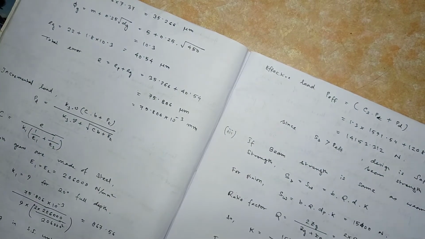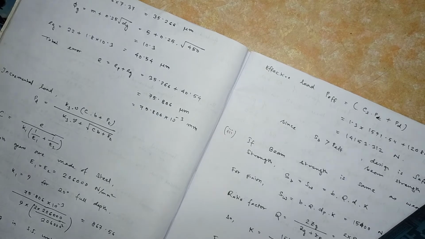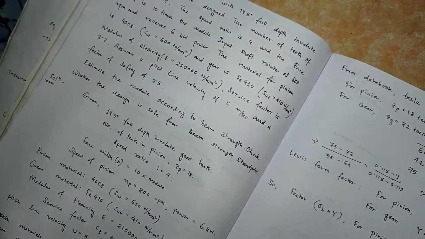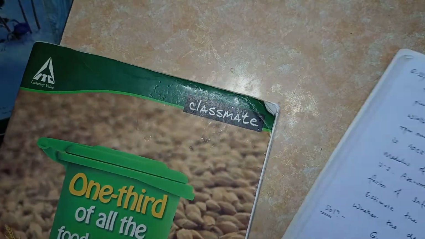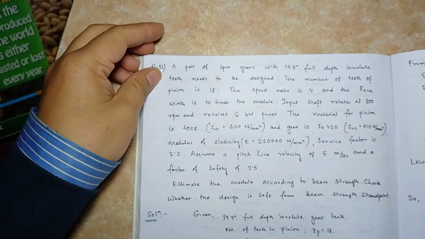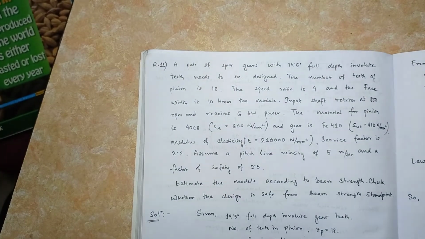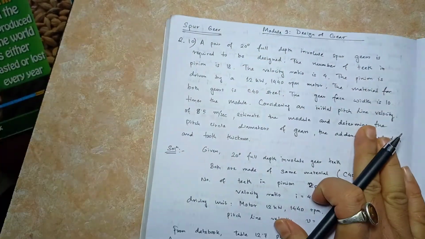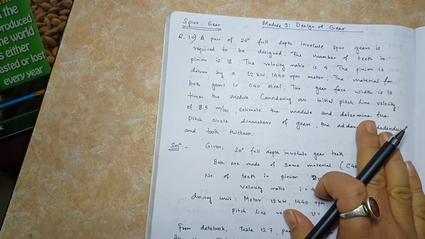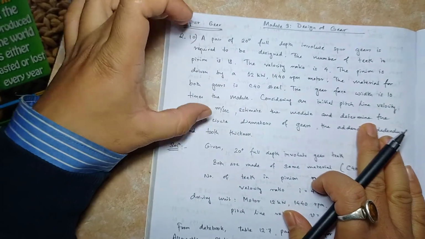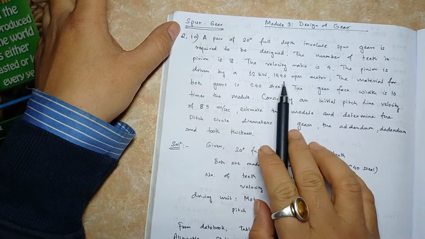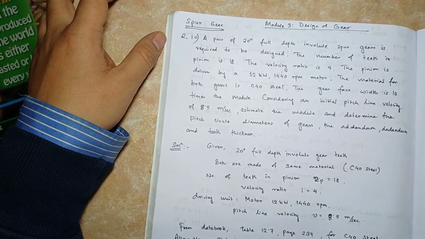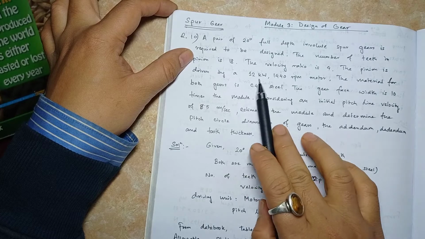That I'll just show you in your data book. Okay, so look at this. Gear numericals are similar, but for this particular numerical, you have to take the value of your static stress from the data book, because only the designation is given.